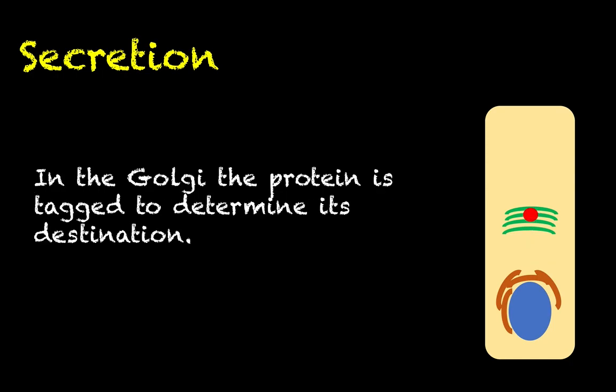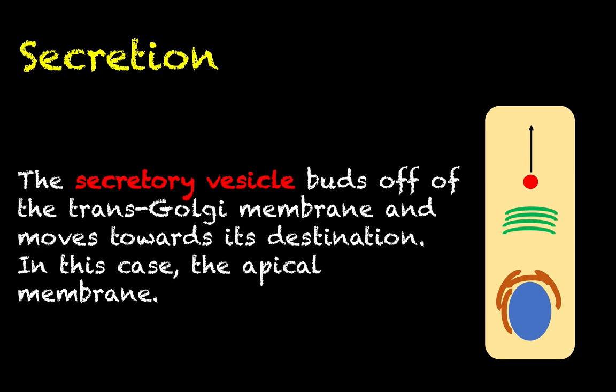In the Golgi, the protein is going to be tagged, usually with carbohydrate chains, and that basically acts as something like a zip code that will help to determine its destination. Some products will stay inside the cell, while other products will be tagged for export out of the cell. So now we have a secretory vesicle which contains our modified and tagged product.